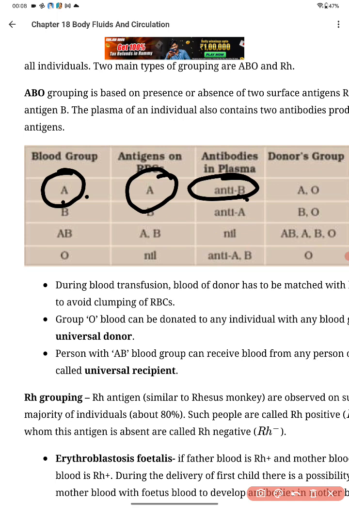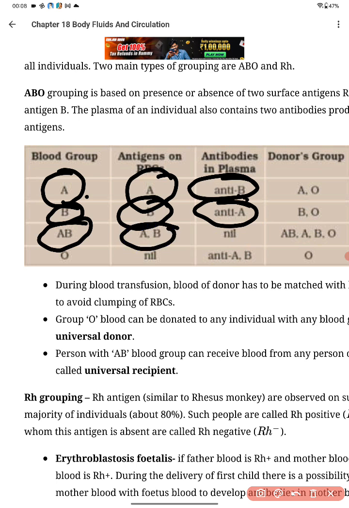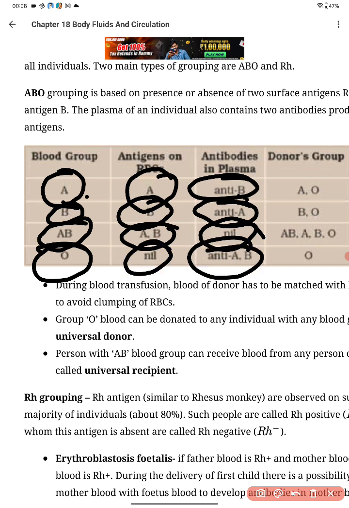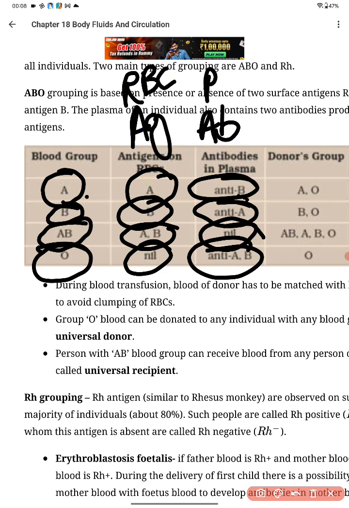If you have B blood group, you have B antigen on your RBC and A antibodies in your plasma. If you have AB blood group, you have both A and B antigens but no antibodies in your blood. If you have O, you have both antibodies in your plasma but no antigen on your RBC. So antigen is present on RBC and antibody is present in your plasma.